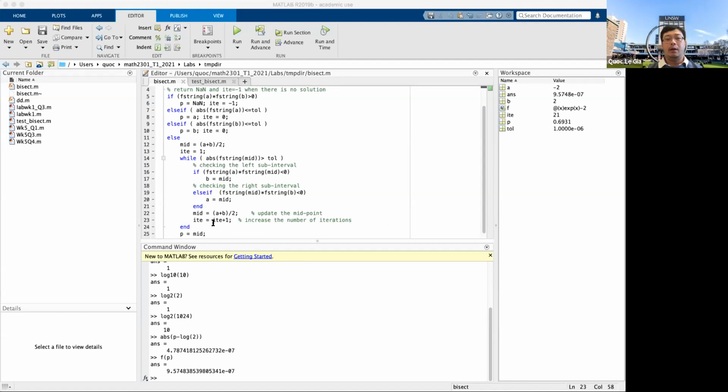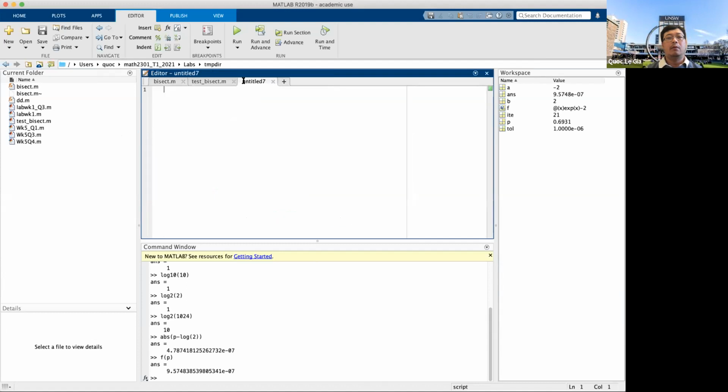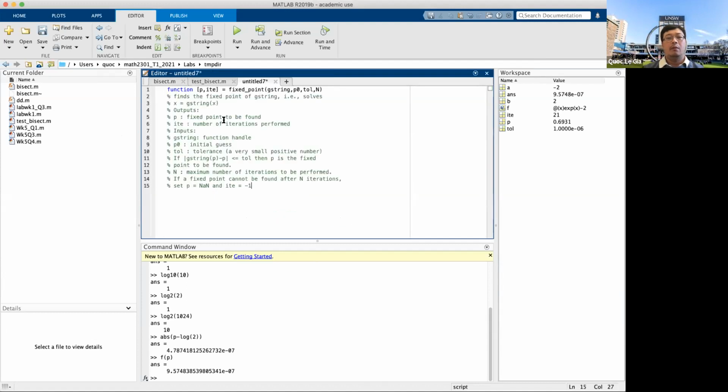Okay, so we can cut and paste the whole thing here and put in a new function.